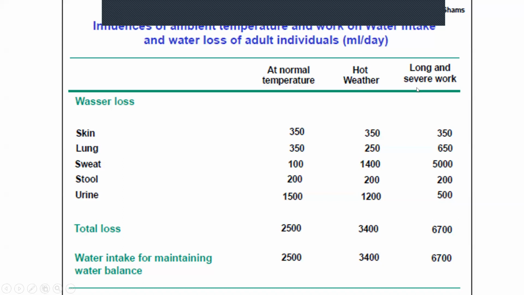On the other hand, if you are working hard, such as if you're running or doing a lot of hard work, what you're going to notice is that the lungs lose less water than before. And the sweat, you're going to notice that there's a lot more that's lost compared to before, right?